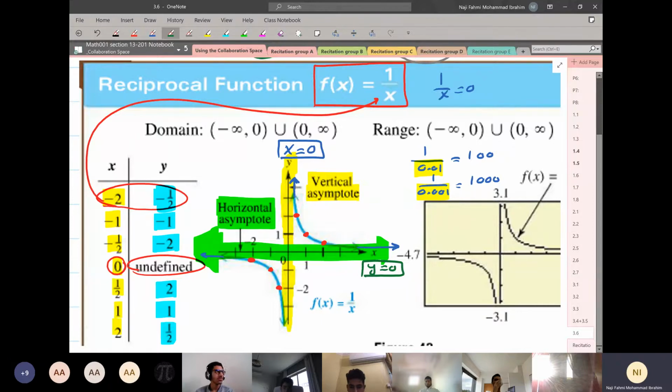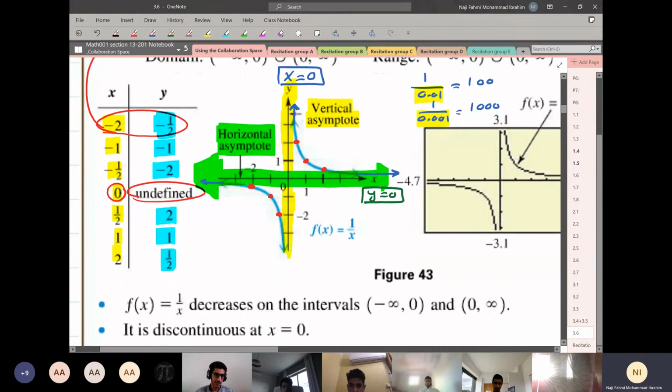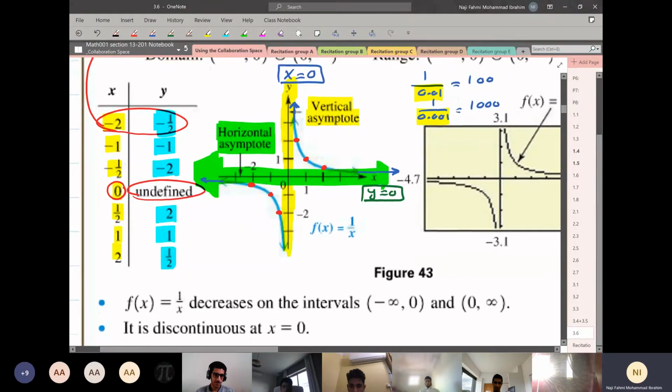Now, our graph, Shabab, is it made of one curve or two curves? Two curves. Now, these two curves, they are not connected, right? So we say there's a discontinuity.